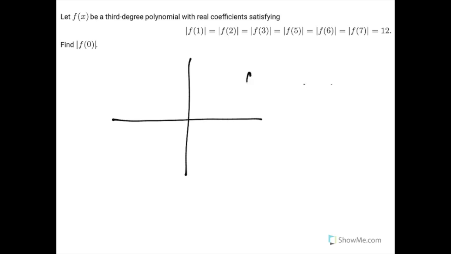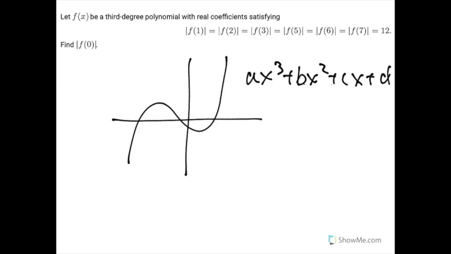For a third degree polynomial, we have ax cubed plus bx squared plus cx plus d, and it can look something like this, or it might look something like this. And essentially the main points to notice here is that there are two curvatures over here.